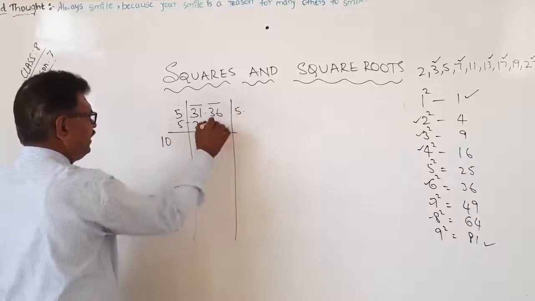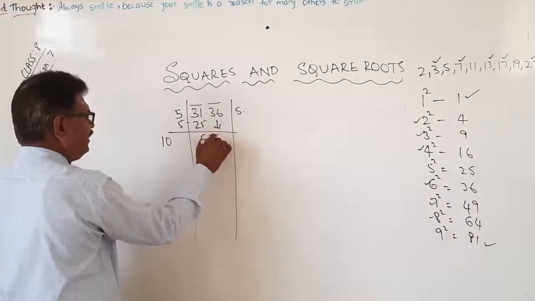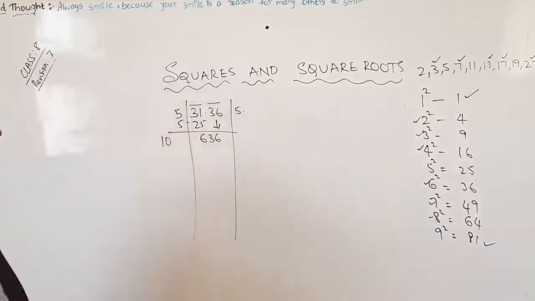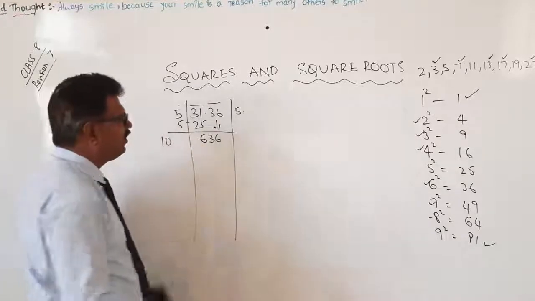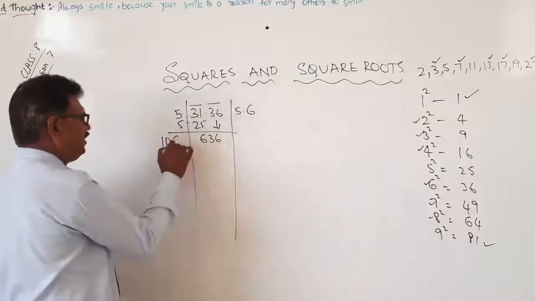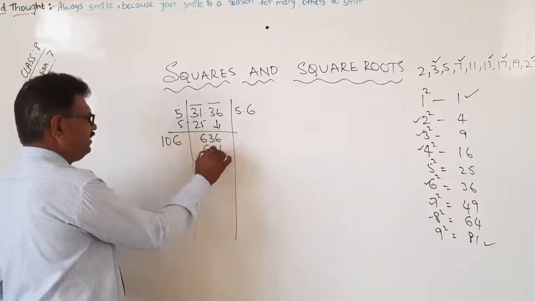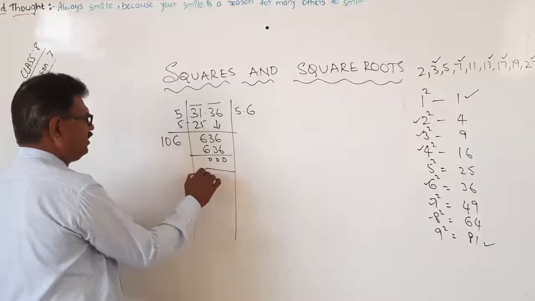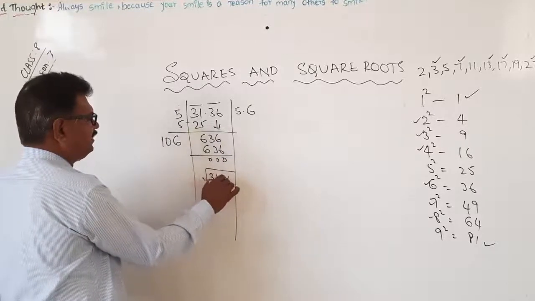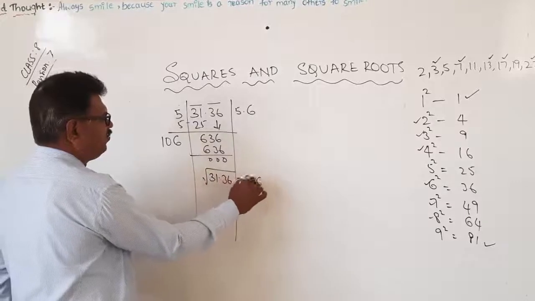The point came. Then there is nothing but 36. 36 means here 6 is there, here 1 is there. Therefore 100% it is 6 only. It is nothing but 636. Therefore the square root of 31.36 is equal to 5.6.